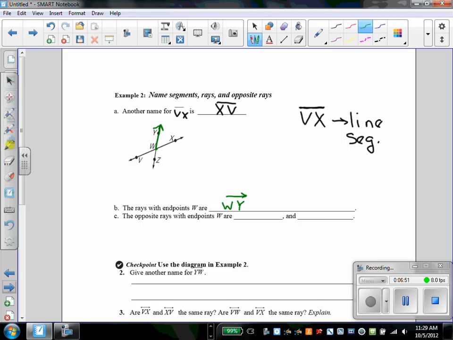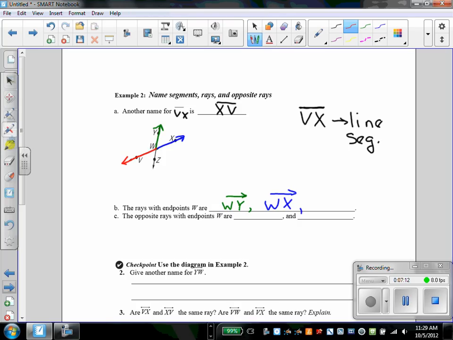Another ray is WX, starting at W, going through X. And we have another ray down this way, starting at W, going through V.